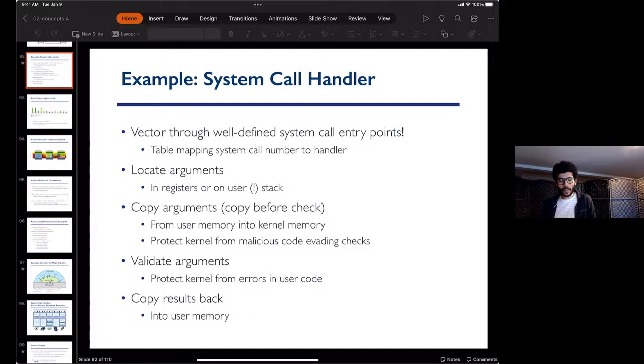But the other example that I gave was, let's say you keep getting interrupted, and each time you get interrupted, you're going to push stuff on the stack. So you might run out of stack space, right? You might overflow.